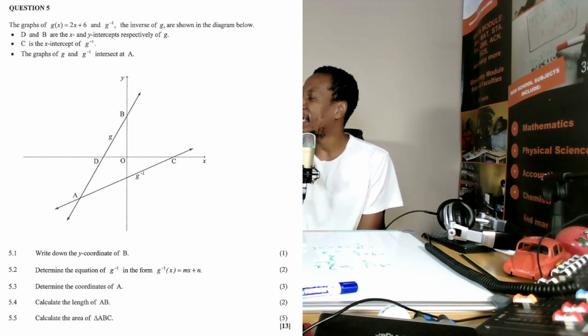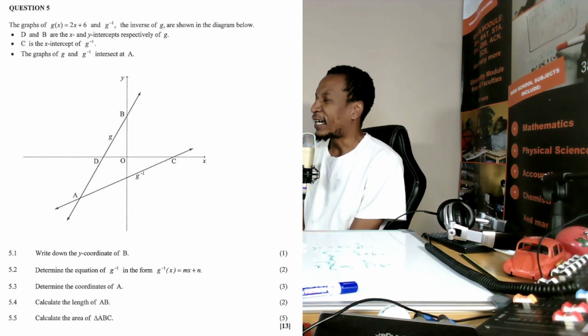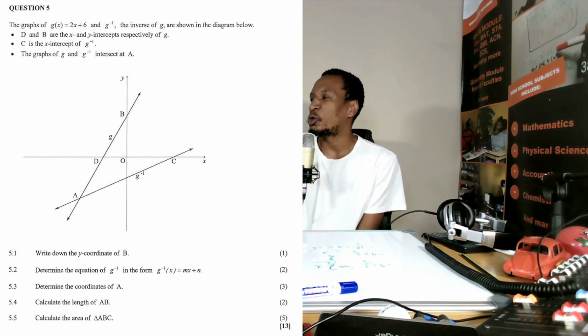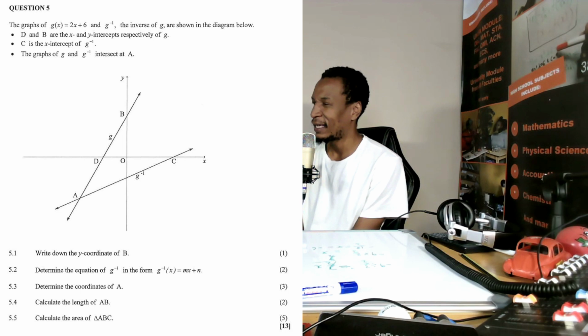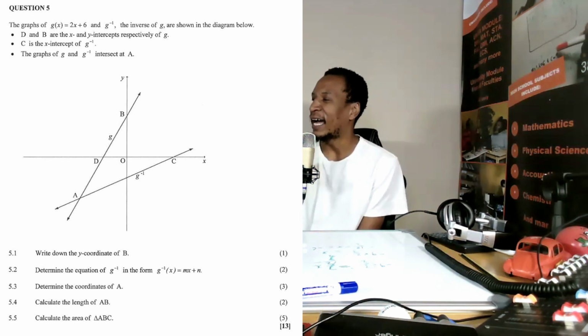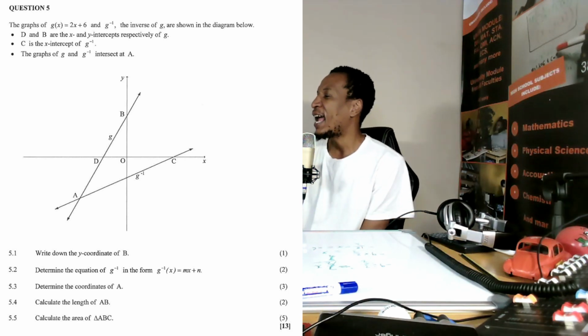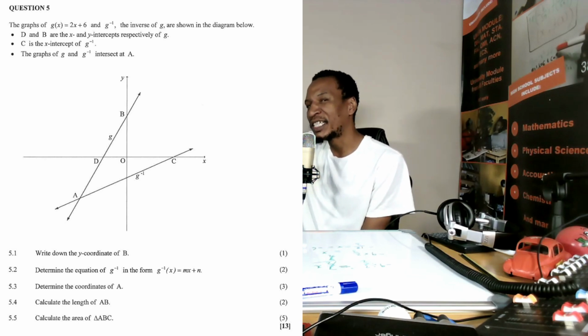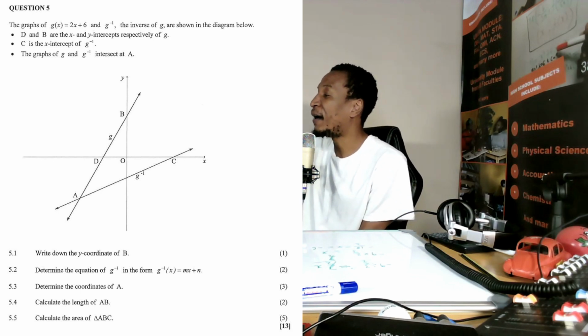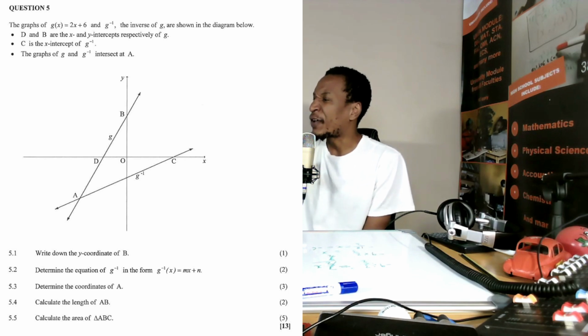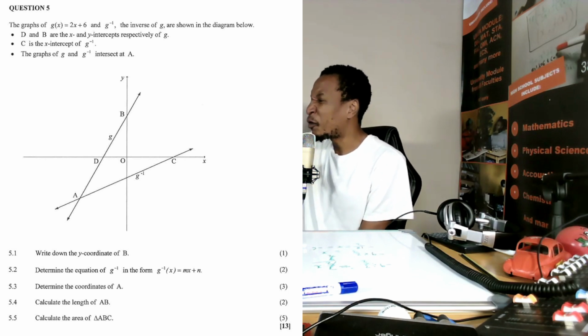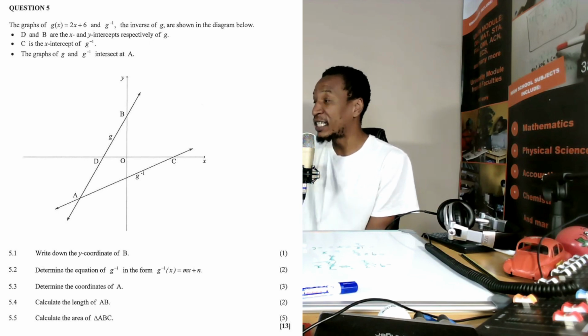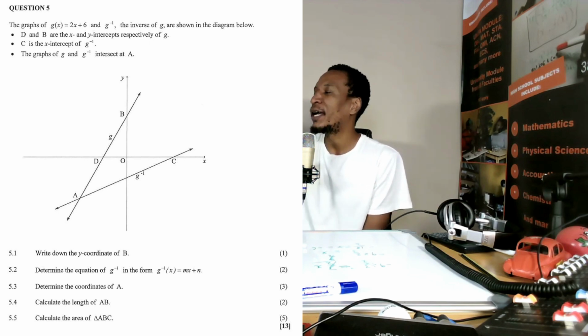Fine. So here is the question presented. We have the graph of g of x equals 2^x plus 6, and we can see from the diagram g of x. And we have g of minus 1 of x, meaning it is the inverse. We are told that the graph of g of x, which is 2^x plus 6, and g to the power of minus 1 of x, the inverse of g, are shown in the diagram below.